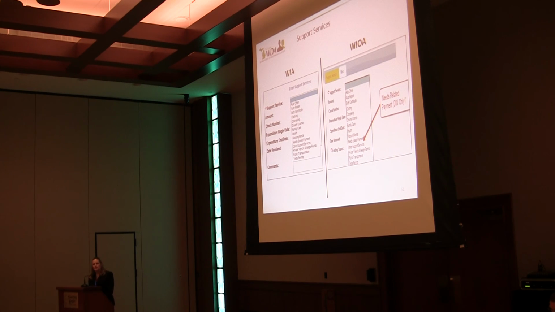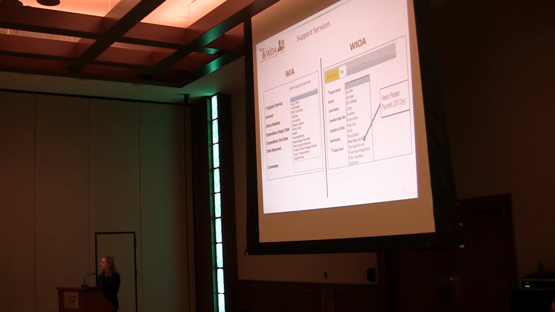And then as far as the screen you go to enter a new support service, the menu is going to look similar to what it does now, with one new option available, called needs related payment, DW only, so dislocated worker only. The existing value that says needs based payment will remain in there.